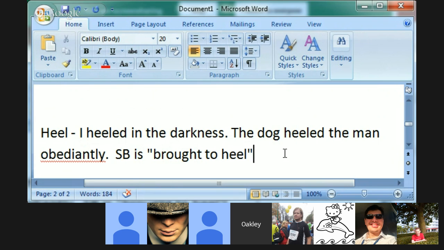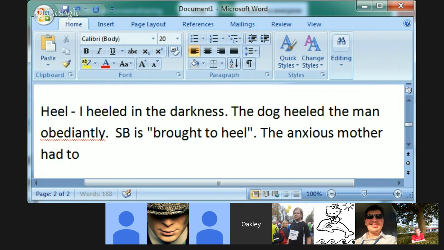Like children in a supermarket. Let's say they start running around, being stupid children the way kids can be when they get a little hyperactive. The anxious mother had to bring her rambunctious children to heel.